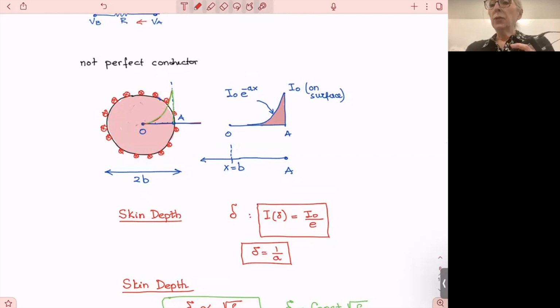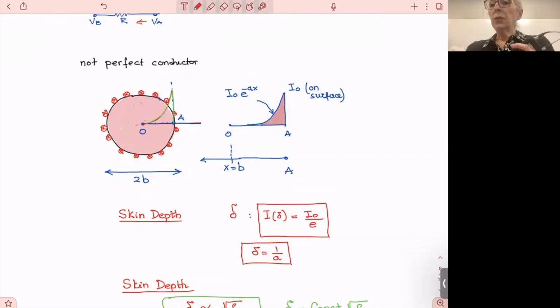It has its maximum value on the surface of the conductor, and then it goes down exponentially. And it goes down exponentially as e to the minus alpha times the distance from the surface, where alpha is the inverse of a quantity that we call the skin depth.